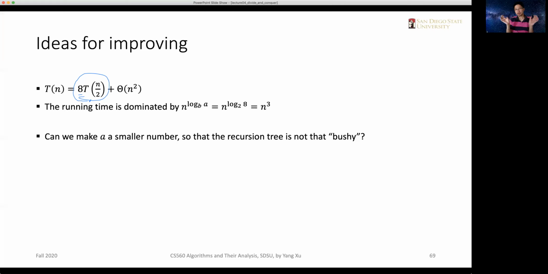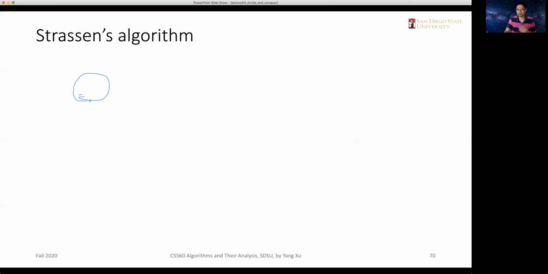And this kind of recursion tree is very bushy, so the resulting leaf nodes will be a lot. So we basically need to make the tree less bushy so that the time efficiency can be improved.